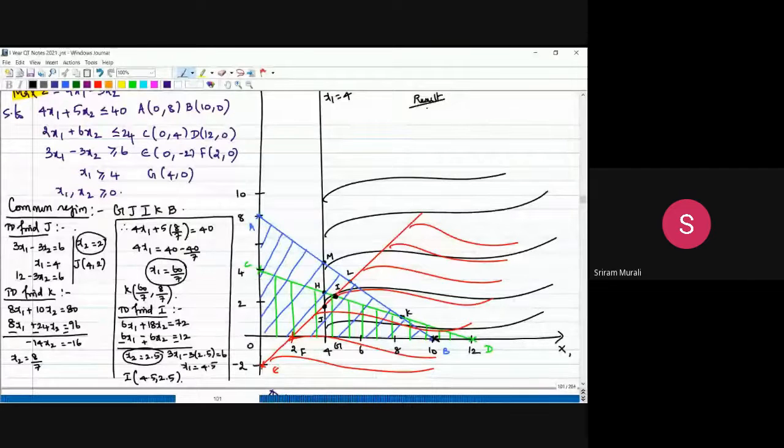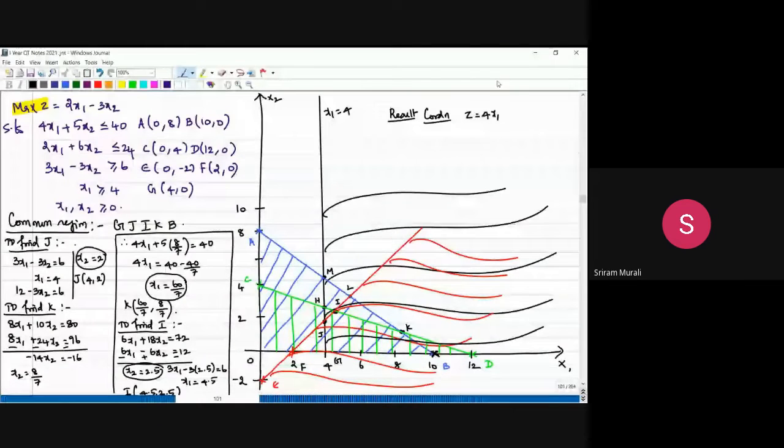You know what are the coordinates? Z is equal to 2x1 minus 3x2.